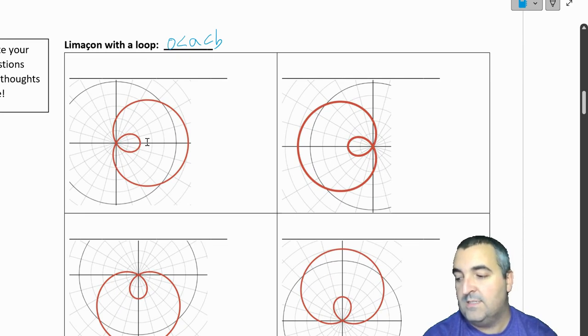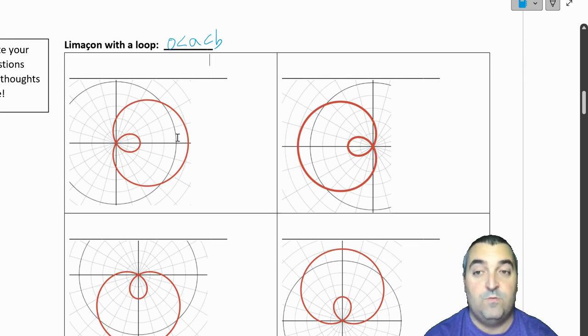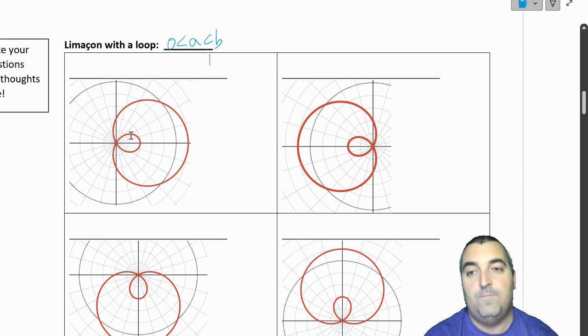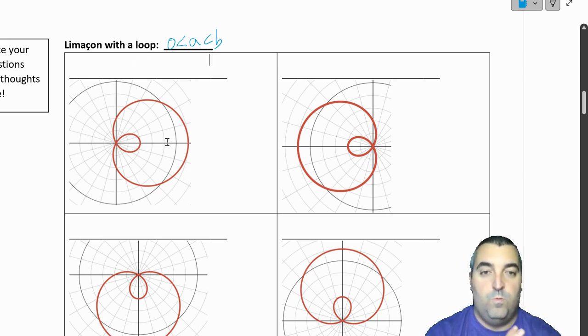For these guys, it's very similar where you're going to have almost that same heart shape, but now you have this loop in here. That's why it's a limaçon with a loop. So it's got this inner loop. Wherever most of the stuff is, that's telling you what this equation is going to look like. So again, symmetry over the x-axis means it's cosine.